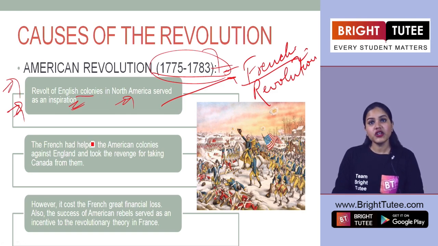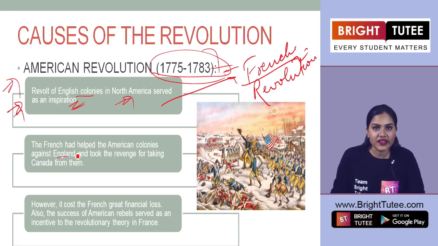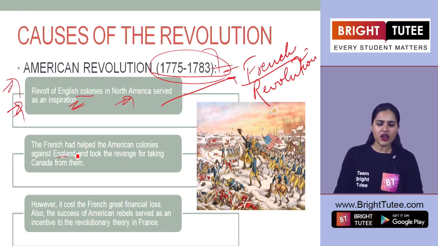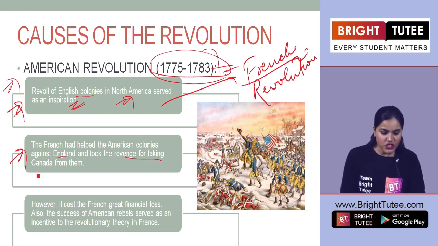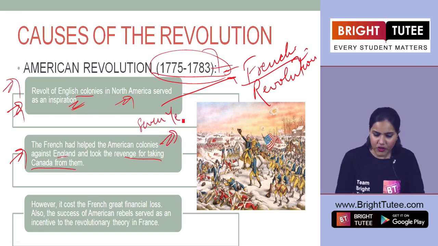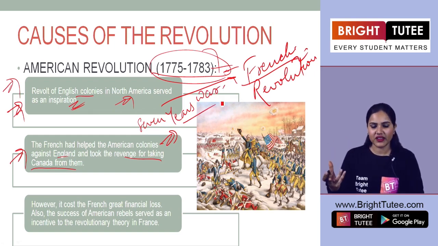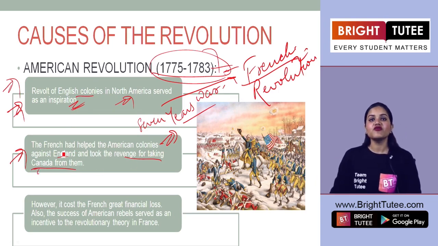So the French now decided to help the American colonies against England. What was the main reason for the support of the French for the Americans? They had to take revenge for Canada being taken from them. After the Seven Years' War, these things are not mentioned in the book, but just giving a brief idea, the French were defeated and the region of Canada was taken away from them.